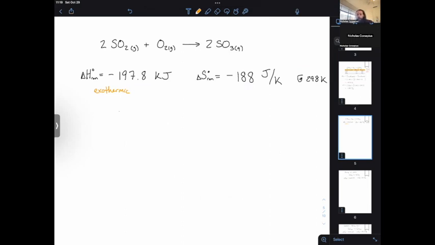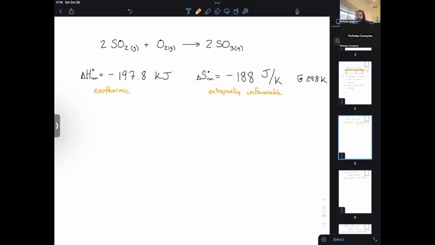The universe likes exothermic reactions because they release energy. And if we look at our delta S for this reaction, this is an entropically unfavorable reaction. I can tell that by looking at the sign of my delta S. The delta S is negative.